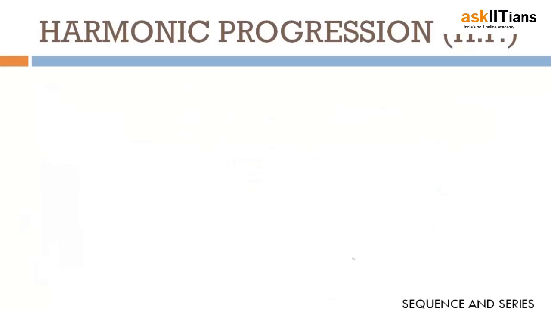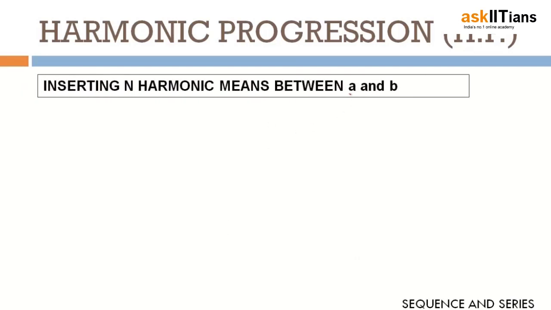So let us quickly see how to find n harmonic means between 2 terms. If A and B are in HP, then clearly 1 by A and 1 by B will be in AP.